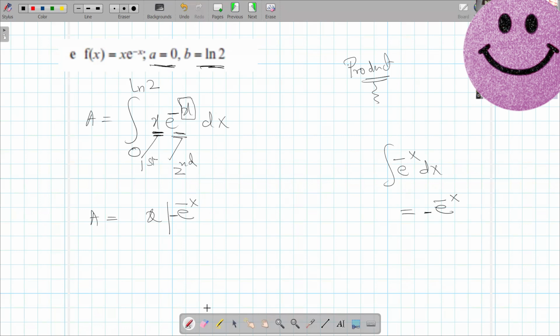So the integral is negative e to the power negative x, minus the integral of the derivative of the first function, which is 1, and the integral of the second function, which is this. Again, we need to integrate once more.